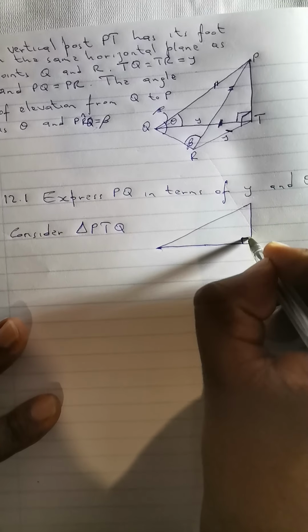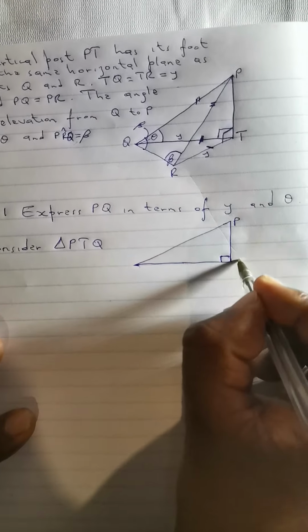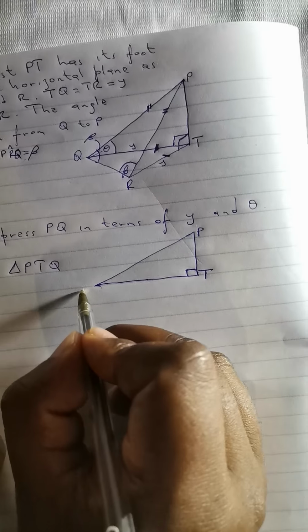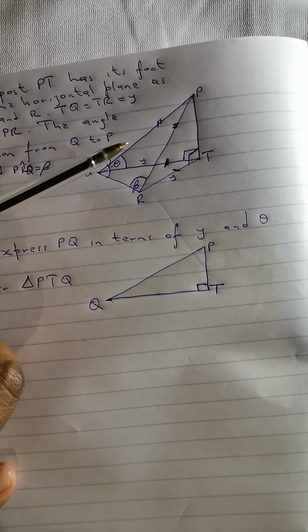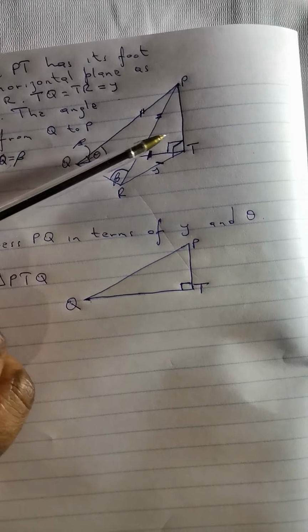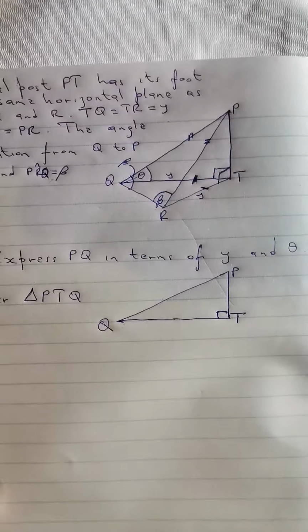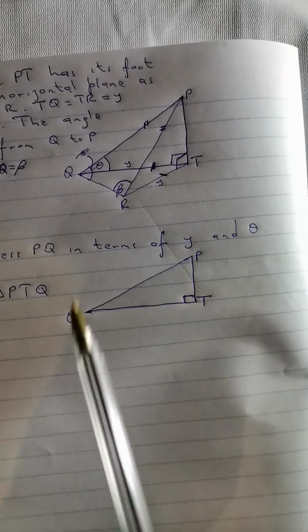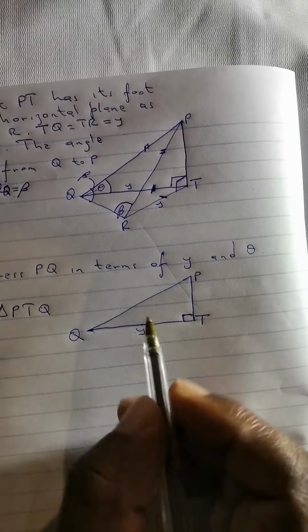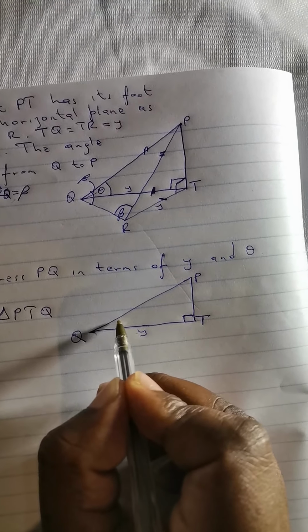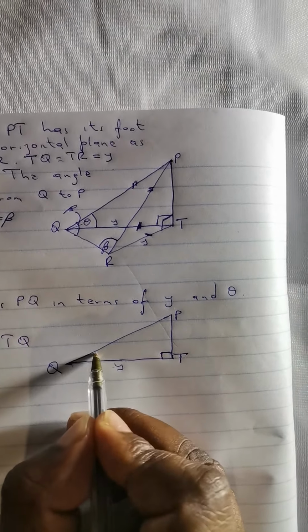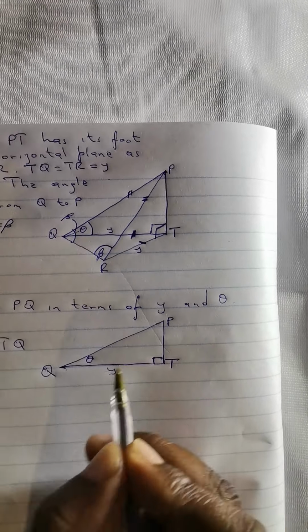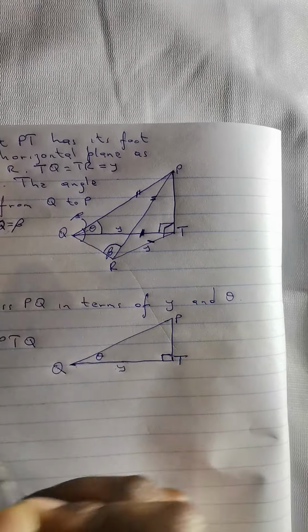So we have P there, we have T here, and then we have Q. We've just isolated an element of this whole 3D diagram, PTQ, and we know that TQ is y, and angle TQP is theta, and we are looking for line PQ.